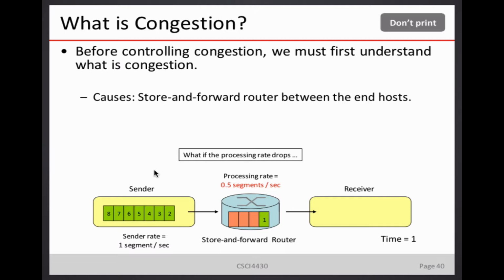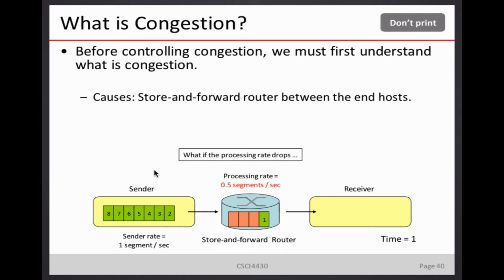It's always a producer-consumer problem. The producer, the sender, has a higher rate than the consumer. The consumer, I will consider, is the router sending data out. When the incoming rate is higher than the outgoing rate, we will have a problem. The buffer becomes an important factor.